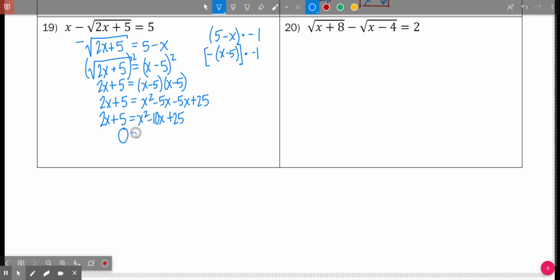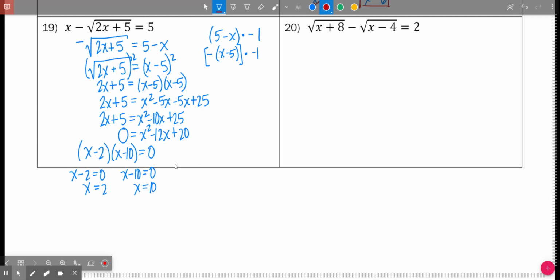I need it to be equal to 0. So I have x squared minus 12x plus 20. This factors, and I have x minus 2 times x minus 10 equals 0. So this is x minus 2 equals 0, and x minus 10 equals 0. So x equals 2, and x equals 10.